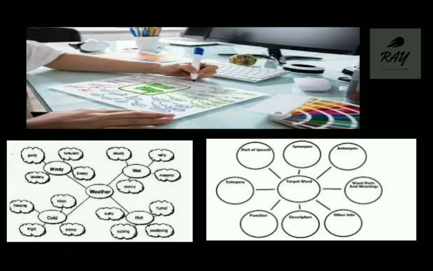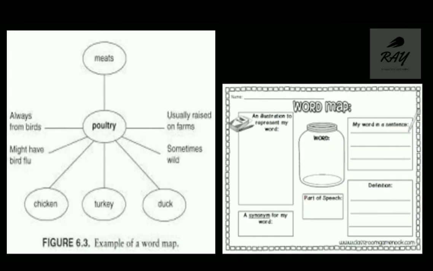For example, the child might be given climate or weather, and the child has to write all the related words to that topic. If it is summer, winter, autumn, whatever comes to their mind, they can write. Once these words are written, the children are encouraged to write sentences using these words. So this is what a word map is all about.